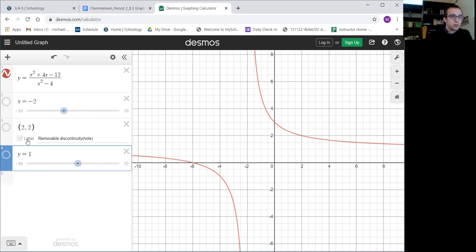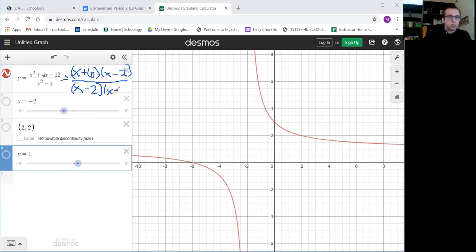For the vertical asymptotes, to get this x equals negative 2, I need to do exactly what we did before and factor this. I factor the numerator and denominator, and I get x plus 6 times x minus 2 over x minus 2 times x plus 2.